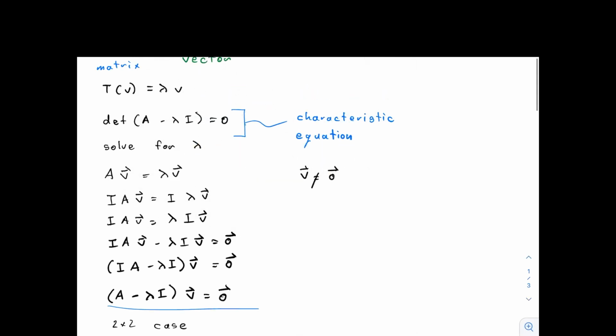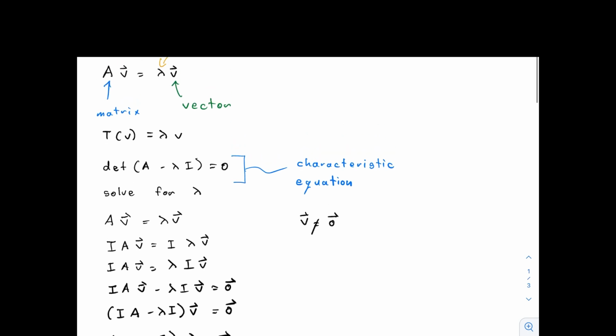Well, now that we have a formula and an intuitive explanation as to why it works for finding eigenvalues, what are eigenvectors? Eigenvectors are the vectors corresponding to the given eigenvalues.